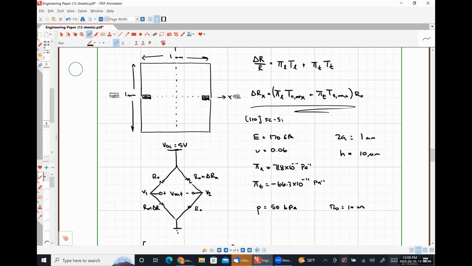And then we're also running into the problem that the longer our resistors are, they're not seeing the maximum stress, because stress is a function of position. So if we make them too long, we can't really accurately make the assumption that they're experiencing a uniform stress that is the maximum stress over their entire length.